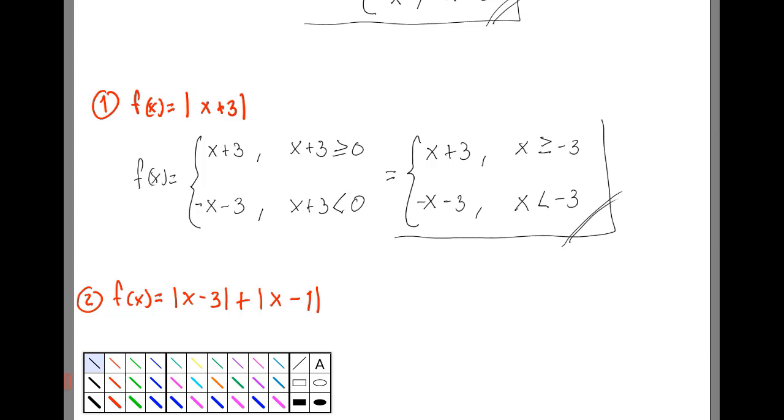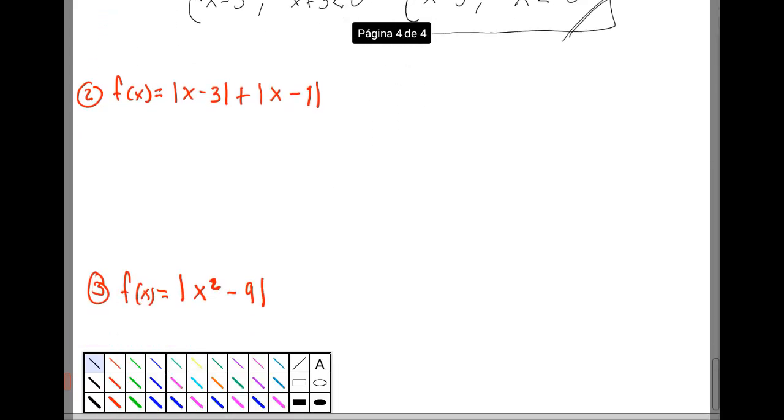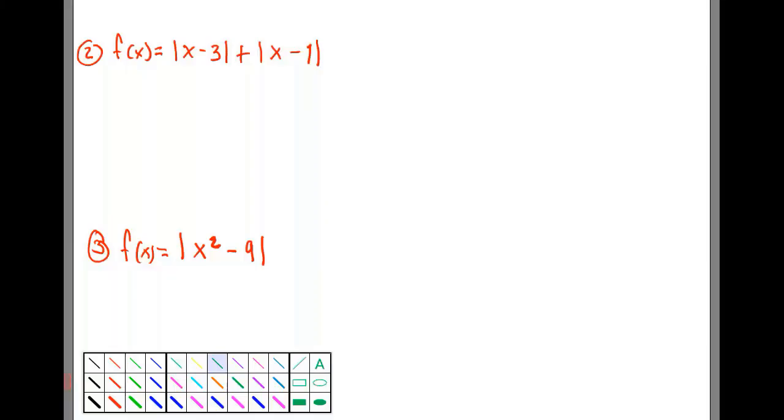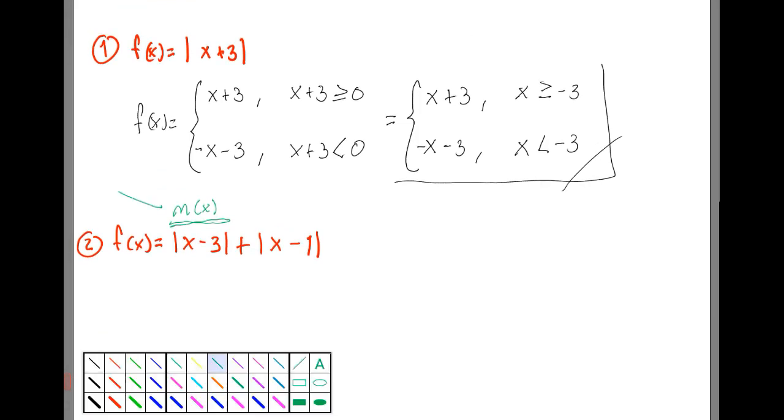Okay, now let's try a harder exercise, the one below. For the second exercise, we have two parts. The first part is this part over here that I'm going to call m of x, and this is just what we solved in the first exercise. And we have another part that I will call n of x.